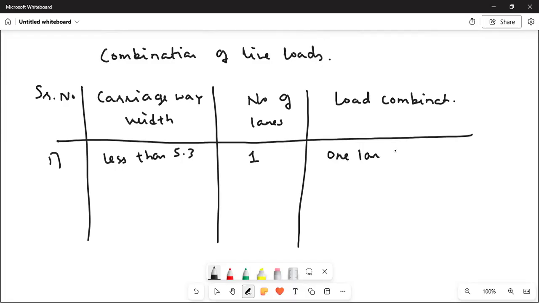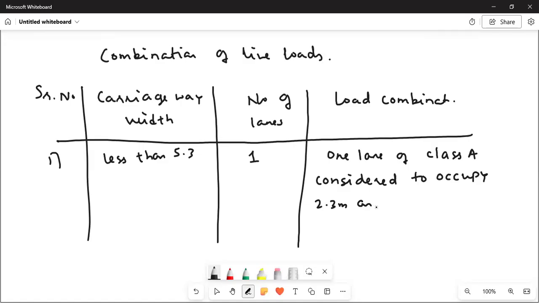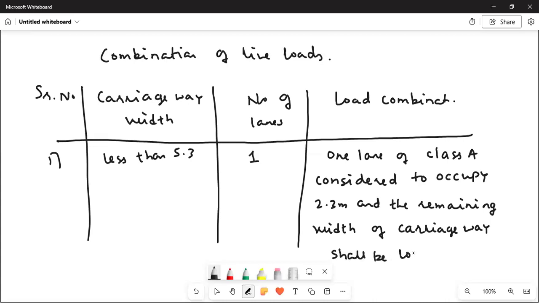One lane of class A loading, considered to occupy 2.3 meter, and the remaining width of carriageway shall be loaded with 500 kg per meter square.